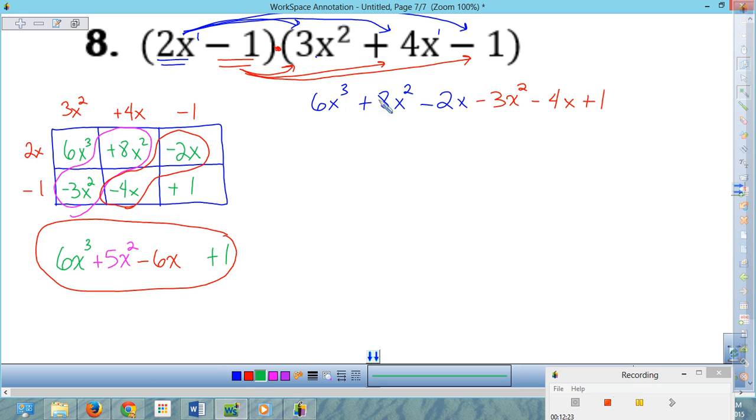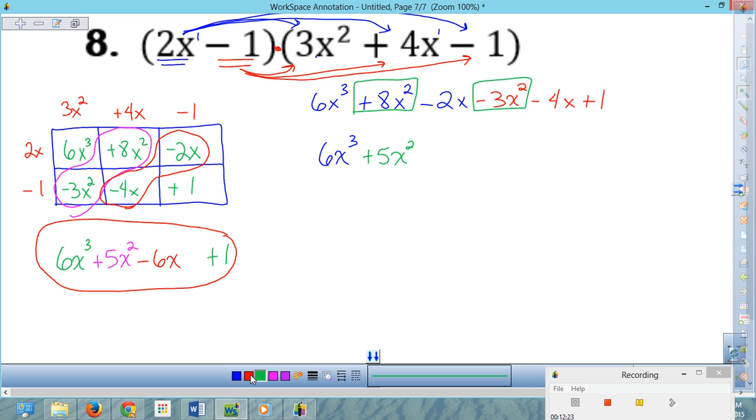X to the third, we don't have any more of those, so it can just drop down. So then we look, okay, x squared, so we have like terms. Okay, if you have 8x squared minus 3x squared, you have positive 5x squared.